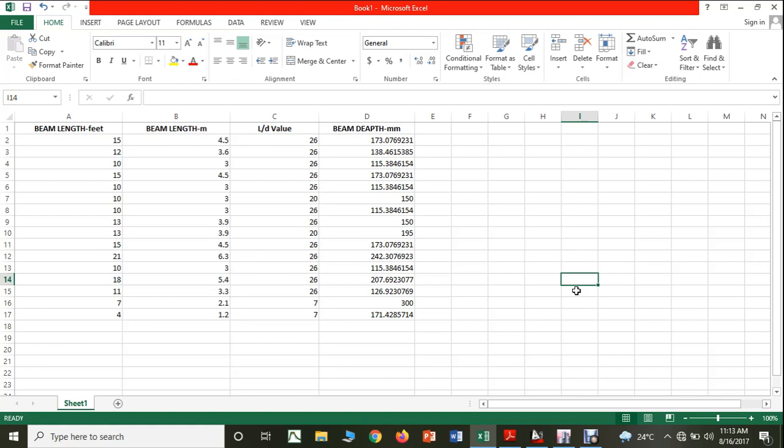Now in that, one thing is clear, that all the beams whatever I have, make the width equal to 9 inches. I am not changing any width dimensions, it is always 9 inches only.